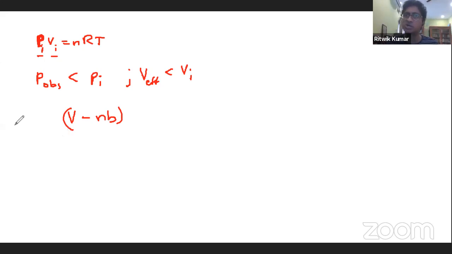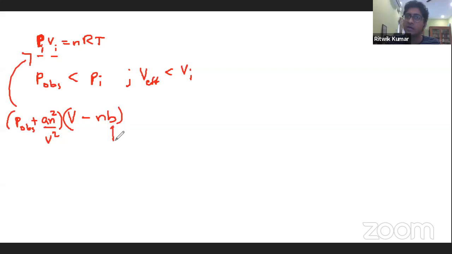What about the pressure term? The pressure that we observe through experiments is going to be lesser than the ideal pressure. So to fit it into the ideal gas pressure value, we are going to have to add a corrective term. That corrective term is an square by v square.